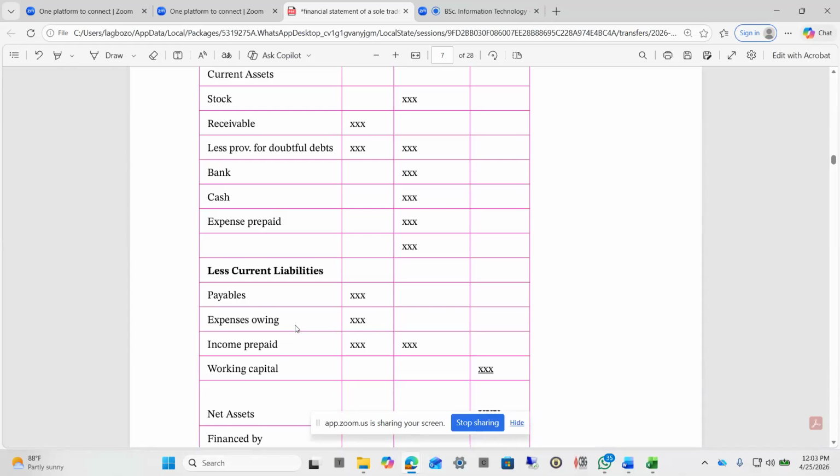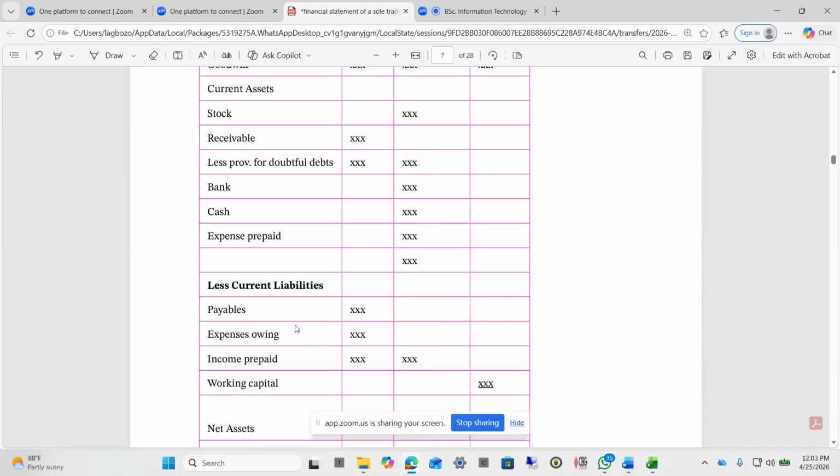He's giving you 2,000, keep it for him. Next year, he will come and buy the thing. Once he hasn't come to buy it and you have collected the money, the money you collected is your liability. If you go missing, the person will come and collect it. And once the person is collecting it within next year, it is your current liability. So that one too, you have to account for it.